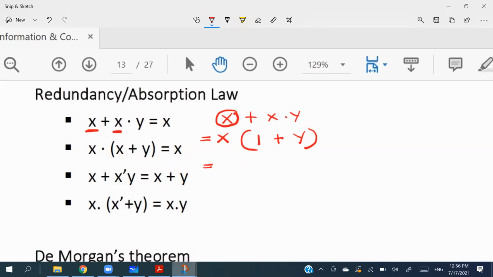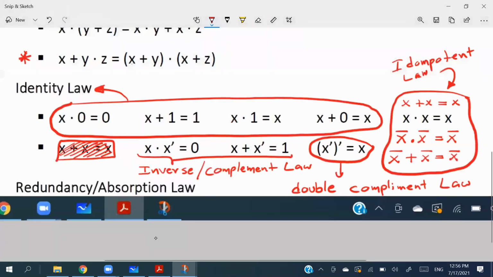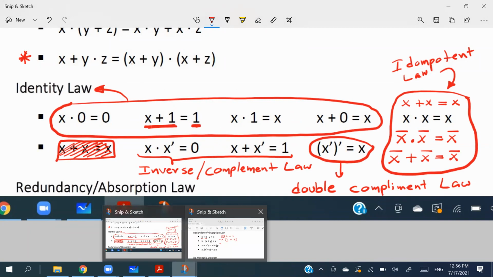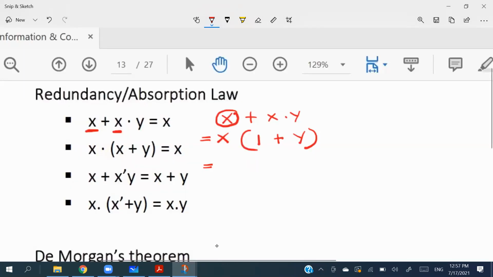We earlier talked about it. This is 1 plus x equals 1, right? So here 1 plus y equals 1, which means you get x dot 1.